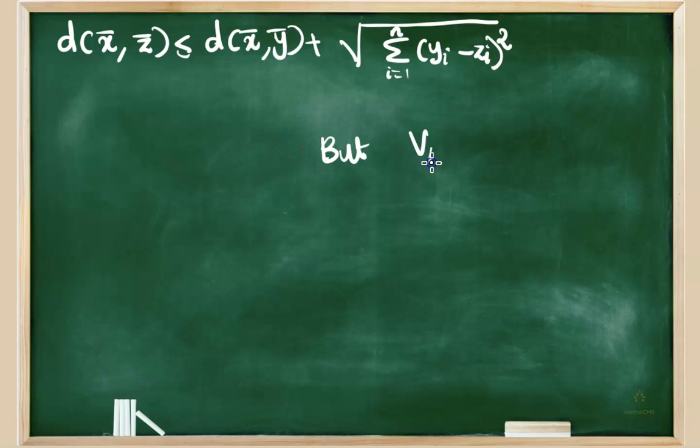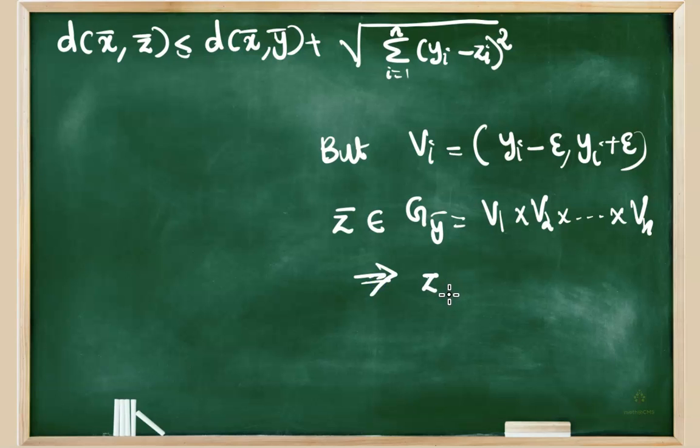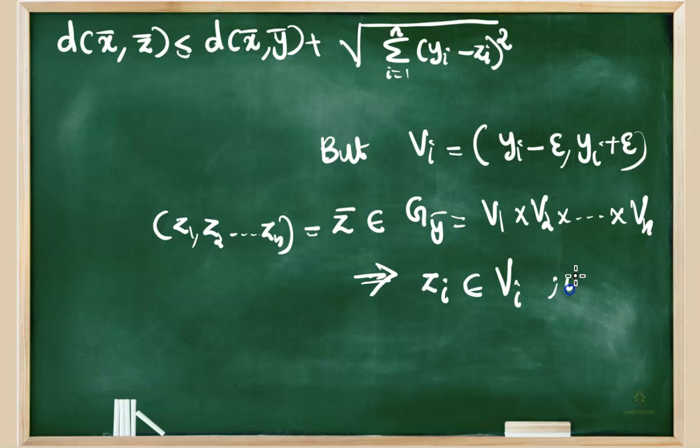But we know that Vi, the open interval, is (yi minus epsilon, yi plus epsilon), and G_ȳ is V1 cross V2 cross etc. cross Vn. So since this point z̄ belongs to G_ȳ, we can say that each coordinate of the point z̄ must belong to the set Vi for each i varying from 1 to n.